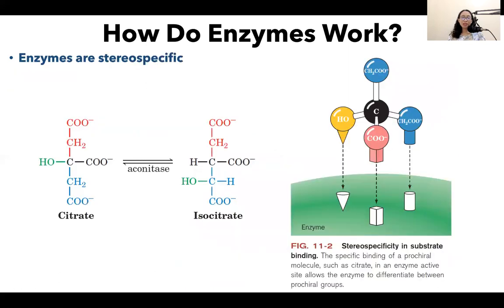Now, in the mechanism of a specific enzyme, stereospecificity is important. Enzymes are stereospecific, and this is because they are inherently stereospecific. If you recall, only L amino acids are used in the synthesis of proteins, including your enzymes.